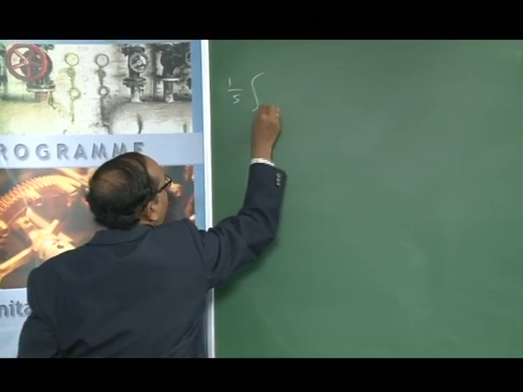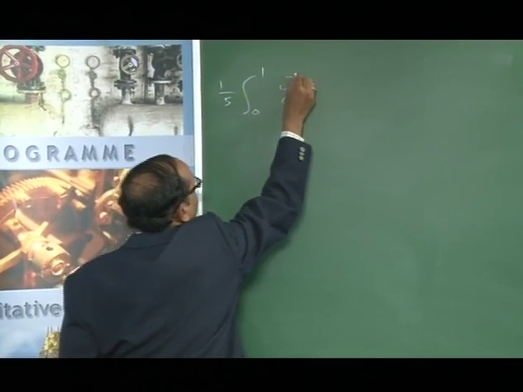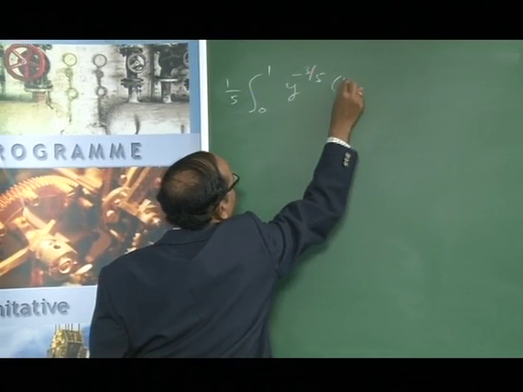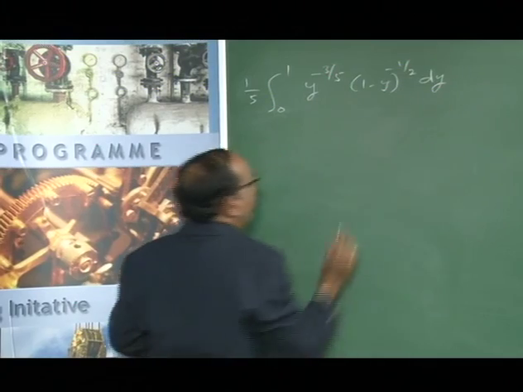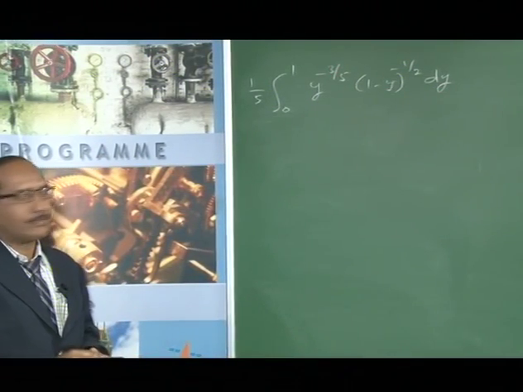The integral from 0 to 1 of y raised to minus 3 by 5, 1 minus y raised to minus 1 by 2 dy. Up to this it is there.